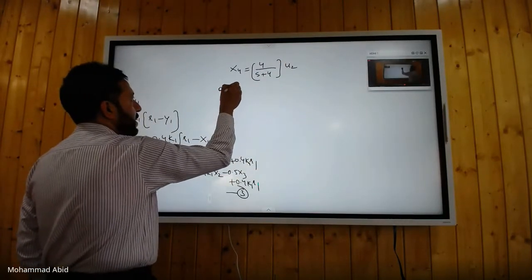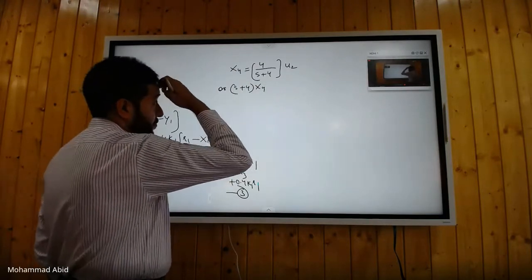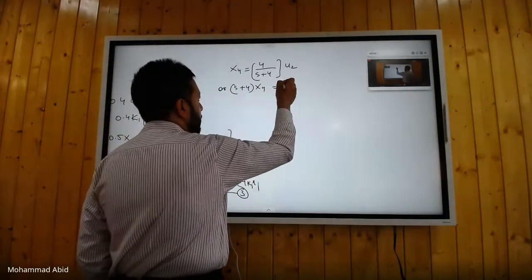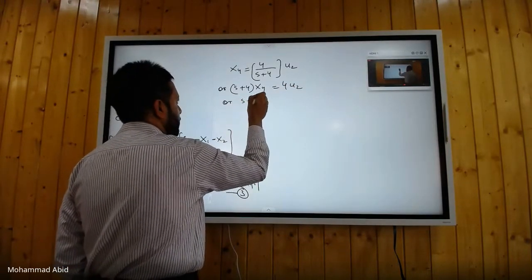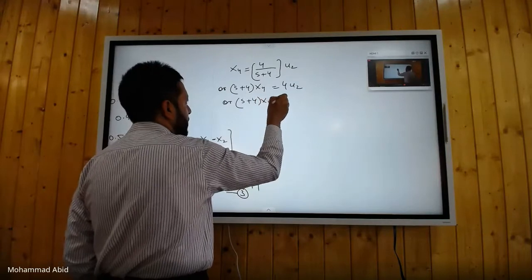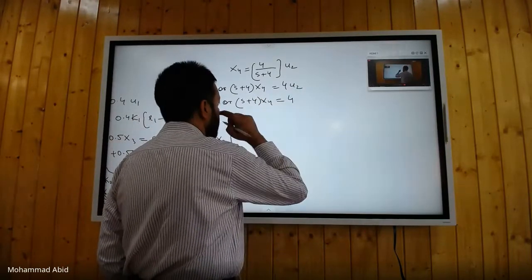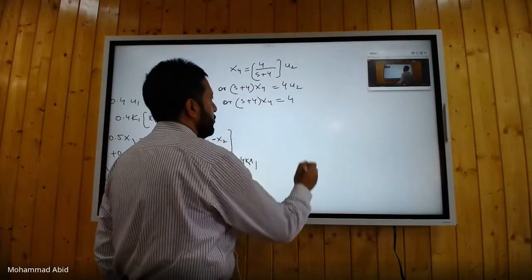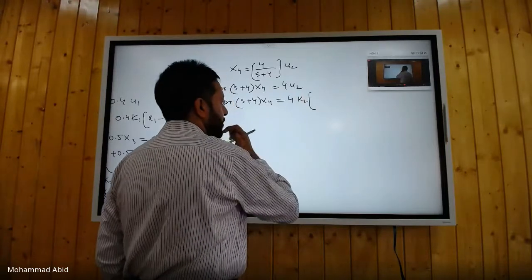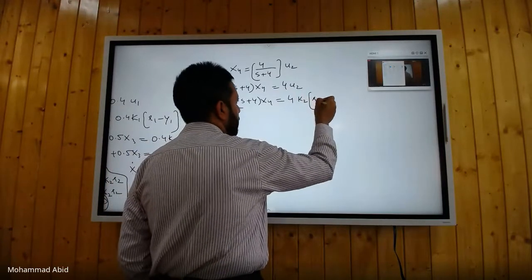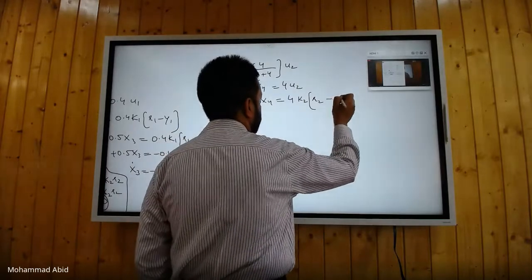Or I can write s plus 4 into x4 is equal to 4u2. What is u2? u2 is k2 times r2 minus y2. ठीक है ना?